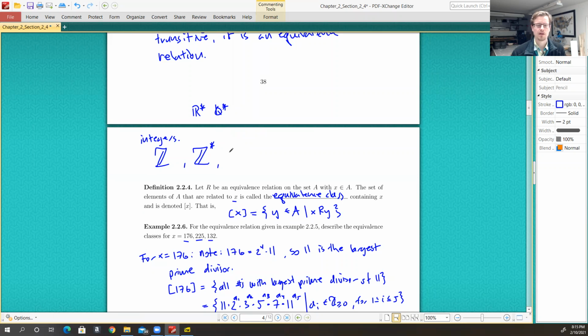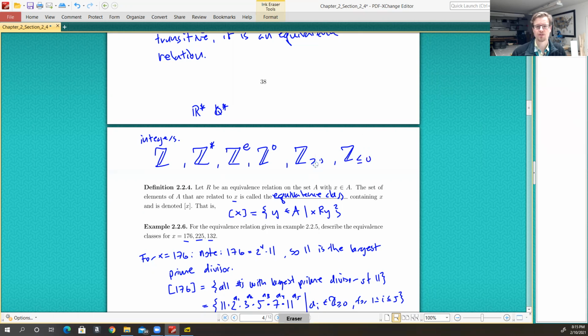We also have Z with a subscript or superscript, and I think I've seen both. So we could have Z_E, which is all of the even integers, Z_O, which is all of the odd integers, and we can have Z greater than or equal to 0 and Z less than or equal to 0.